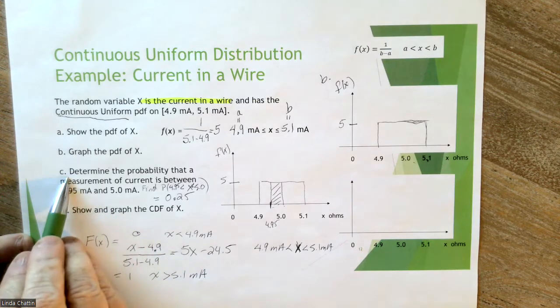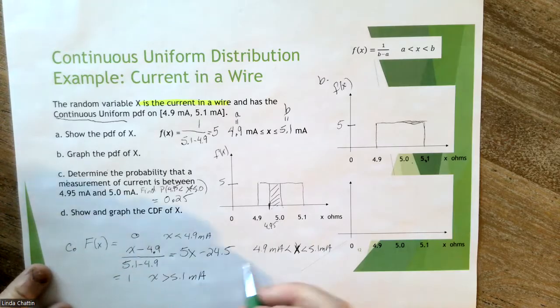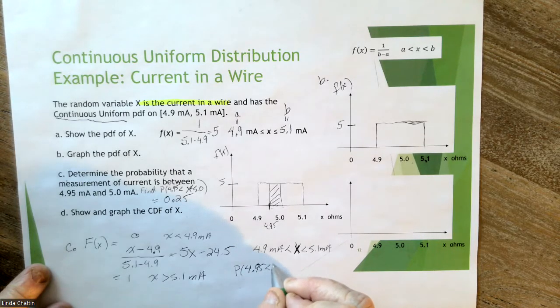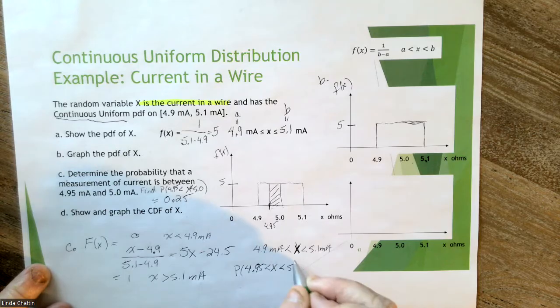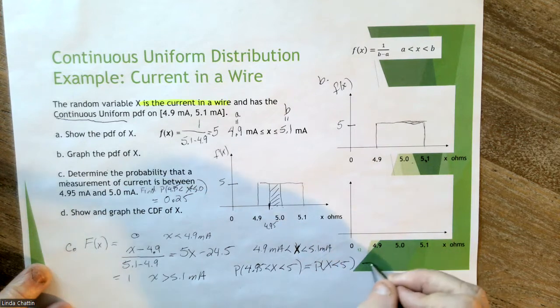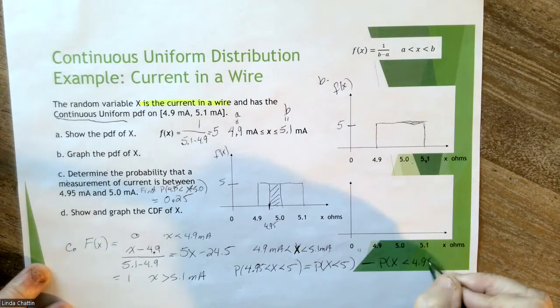And anyway, to do part C here, what I'm getting to in a kind of long way is I could just express this. I could say, well, the probability that X is between 4.95 and 5 is just the probability that X is less than 5 minus the probability that X is less than 4.95.